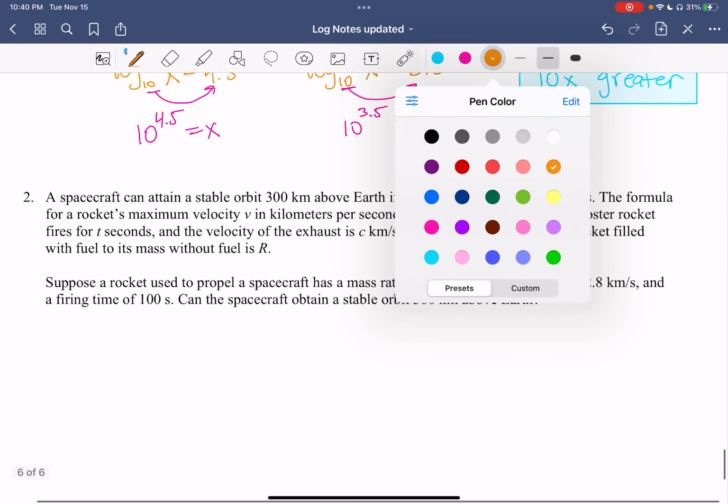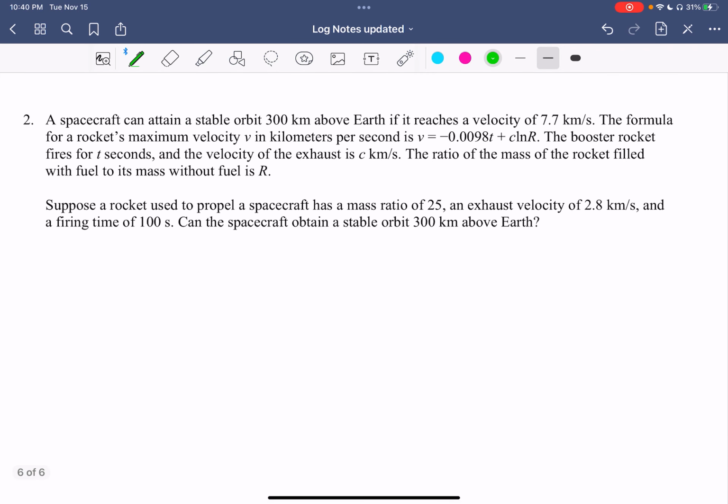There are a lot of different variables happening, so we're going to go one by one. Rocket's maximum velocity is v. This might seem like a tedious, unnecessary step, but when there are a lot of variables, their goal is to confuse you, so you want to organize all of your variables. So v is the max velocity. Little t is time in seconds.